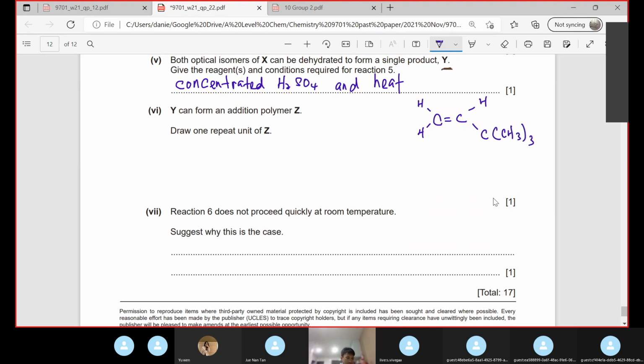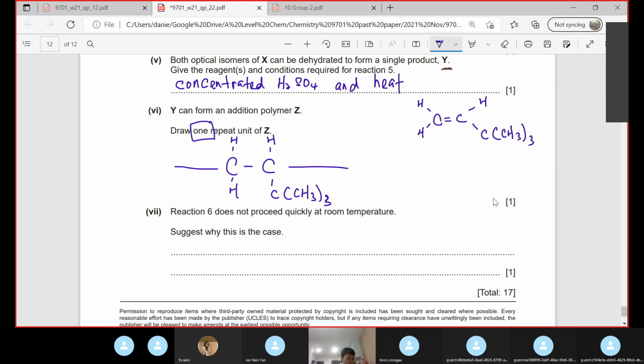Then when it comes to drawing the repeat unit, you just need to open the C double bond C. So C single bond C, then H, H, H, C, CH3, 3. Just like this. One repeat unit, only one. Follow the instructions, then you will get 1 mark here.